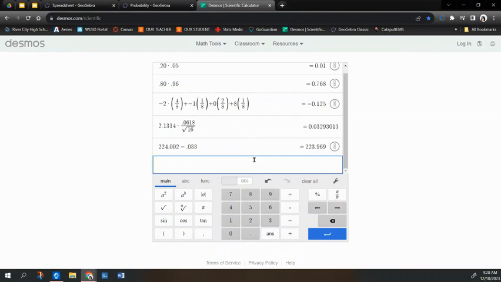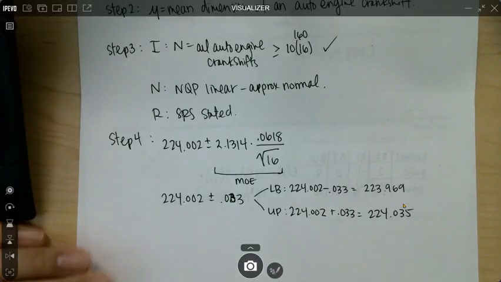So my lower bound is going to be 223.969, and my upper bound is going to be 224.035. So now I have my confidence interval.